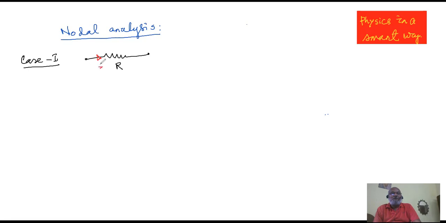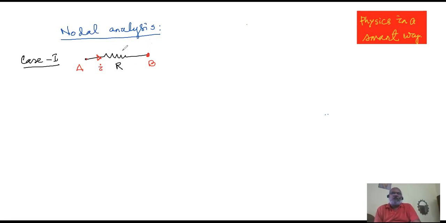The ends of the resistor are A and B. As you can clearly see, this resistor must be part of a network, because current flows only in a closed path, and somehow A must be connected to something, B must be connected to something. We are not shown the diagram of those, and only this much portion of the network is given.